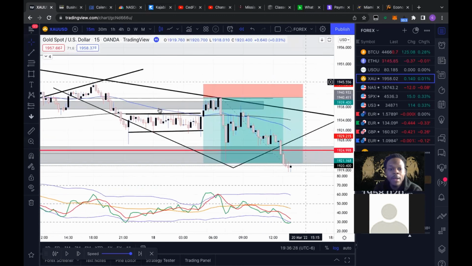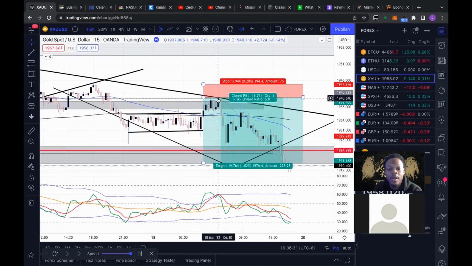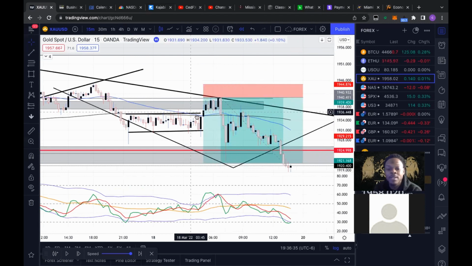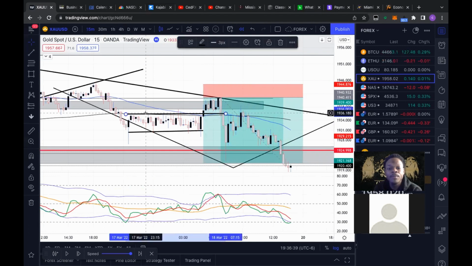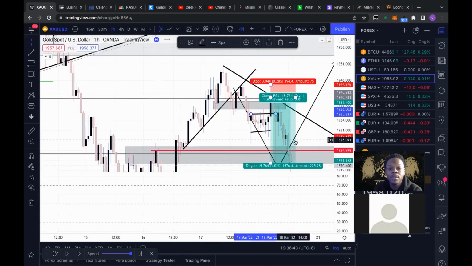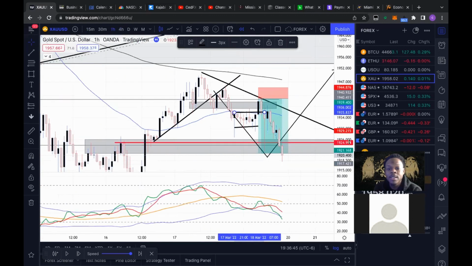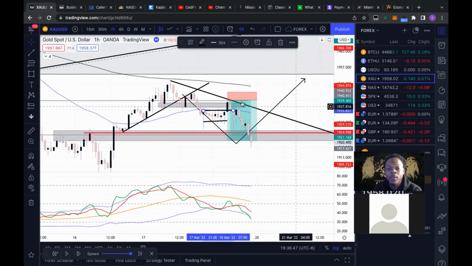So people may try to take this buy signal right here since the market just created a higher high, and they think, okay, it's probably going to come back and retest this level and then continue up. But in actuality, if we go up to the larger time frames, we see that this is just a retest of the downtrend right here.